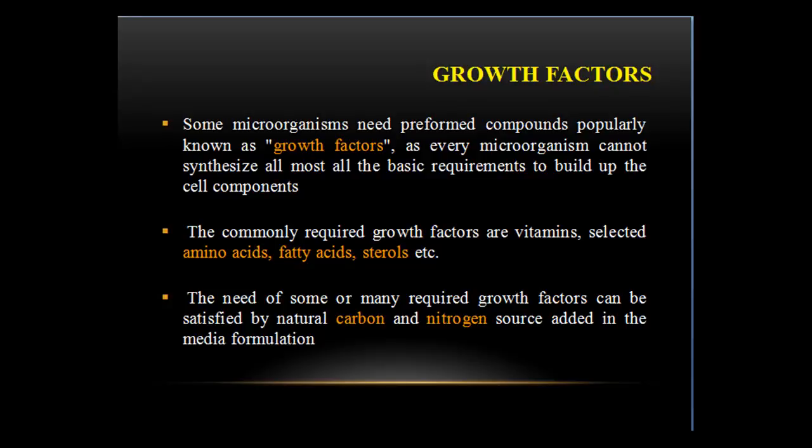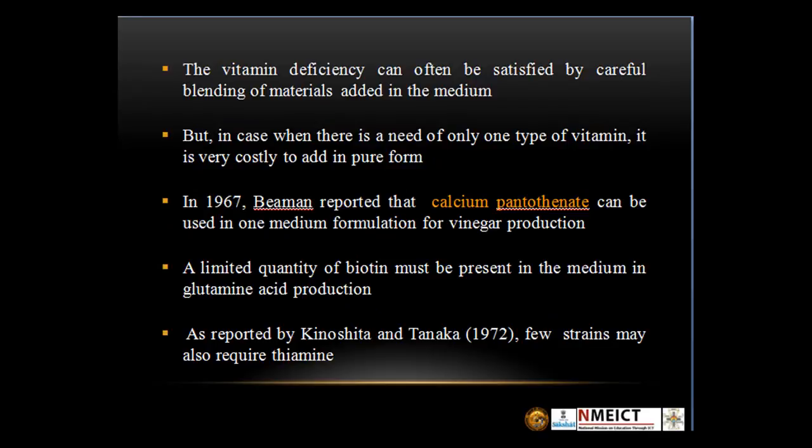As reported by Rhodes and Fletcher, vitamin deficiency can often be satisfied by careful blending of materials added in the medium. But when there is a need for only one type of vitamin, it is very costly to add in pure form.